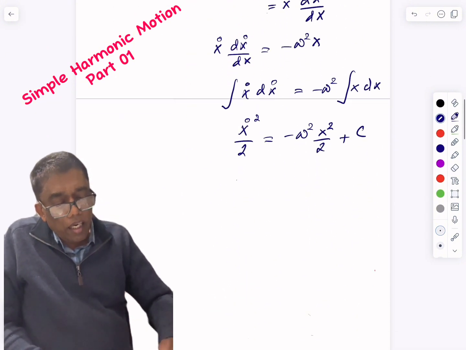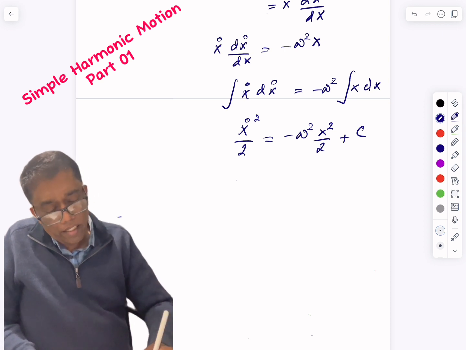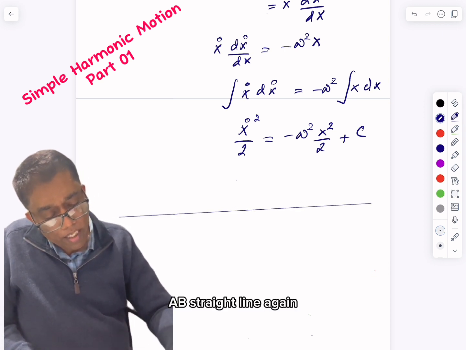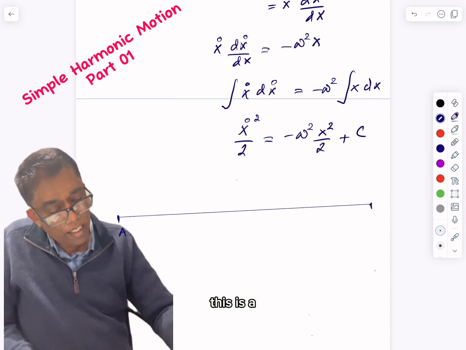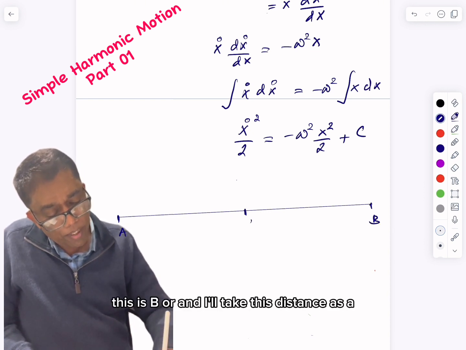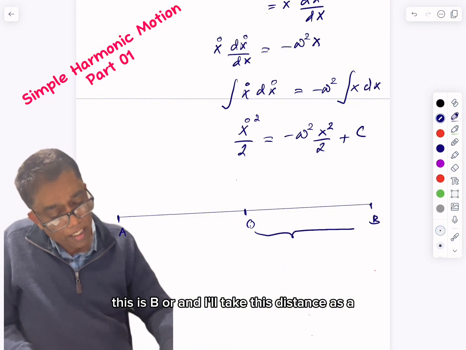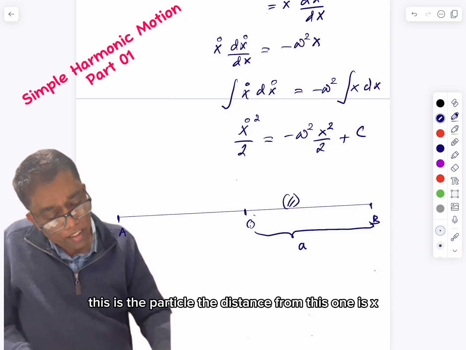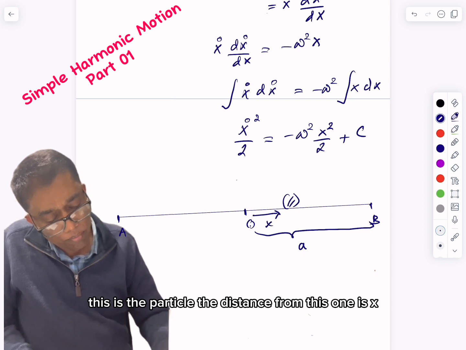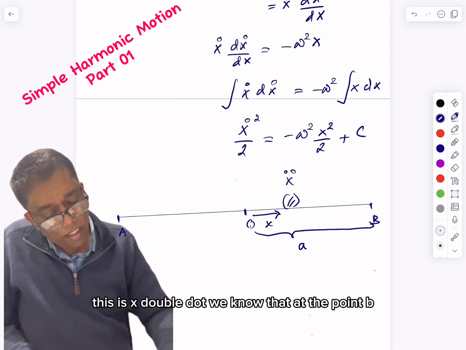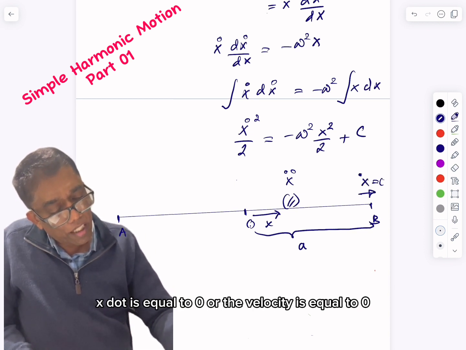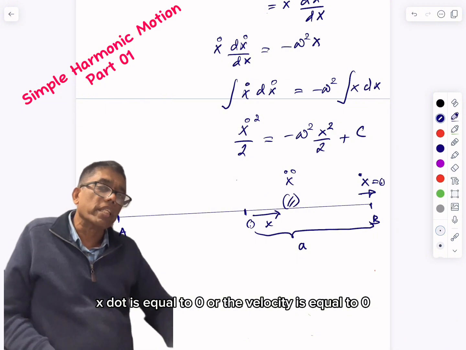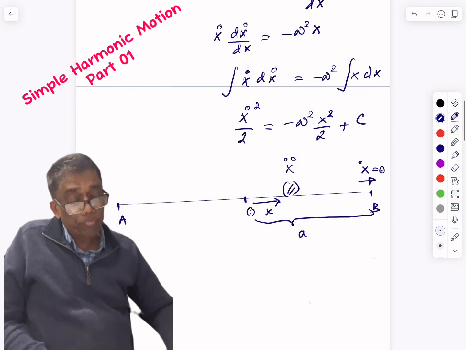However, I'll consider the AB straight line again. This is A, this is B, and I'll take this distance as A. This is the particle. The distance from O is x. This is x double dot. We know that at the point B, x dot is equal to 0, or the velocity is equal to 0.